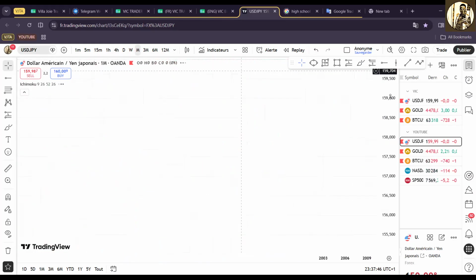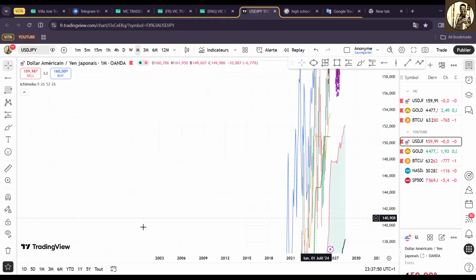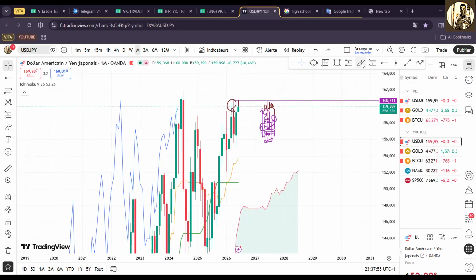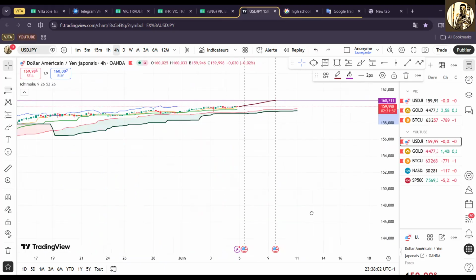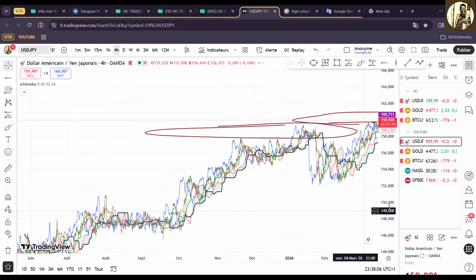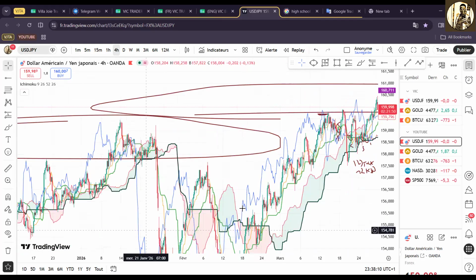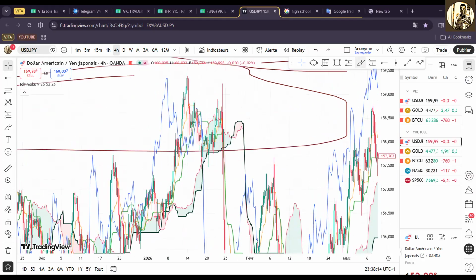Let me use another example. We also had a monthly setup just right here, right? And when we go on H4 at this level, you will see ticket cost bended to the downside here and here, right?